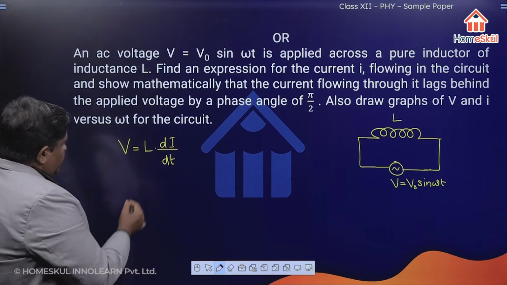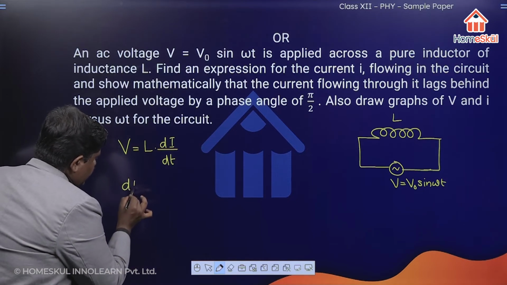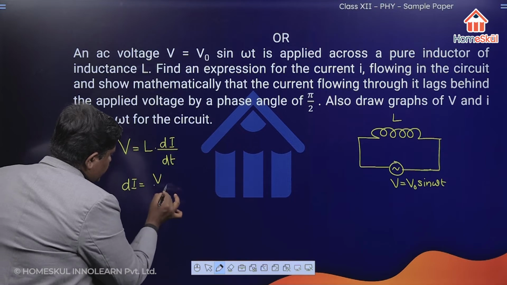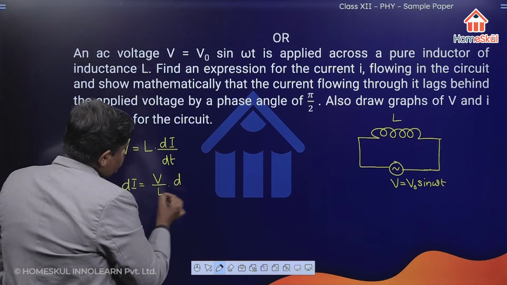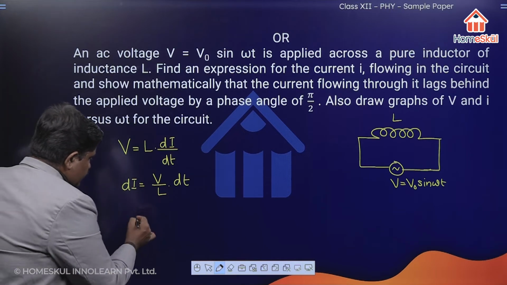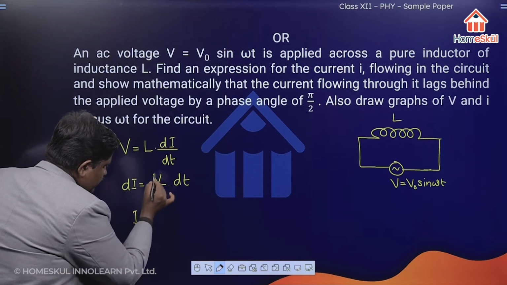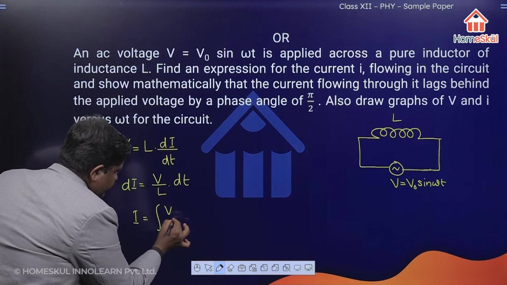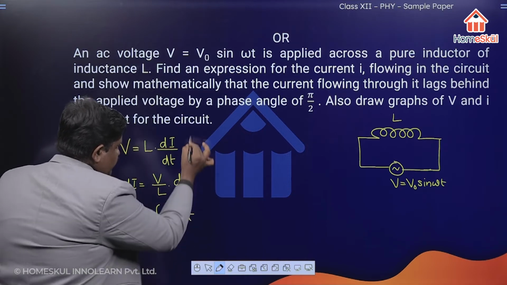Then from this, di equal to V by L into dt, right? Therefore I equal to, we have to integrate this, integral V by L into dt.